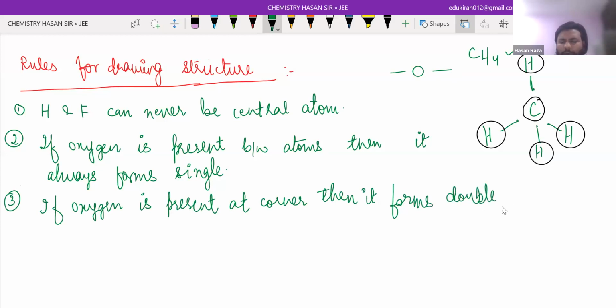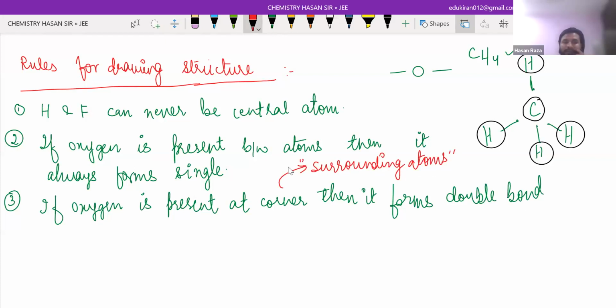Corner means surrounding atom. If oxygen is your surrounding atom, then it will always form double bond. And if oxygen is present in between two atoms, then it forms single bond, from left or right. Are you getting my point?